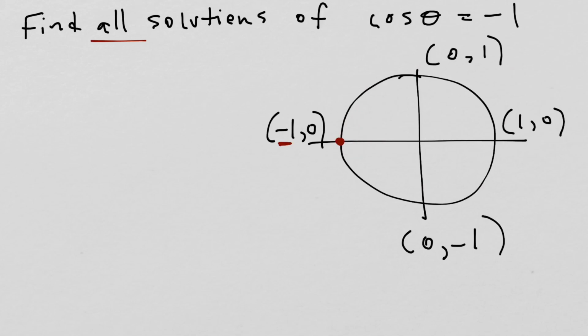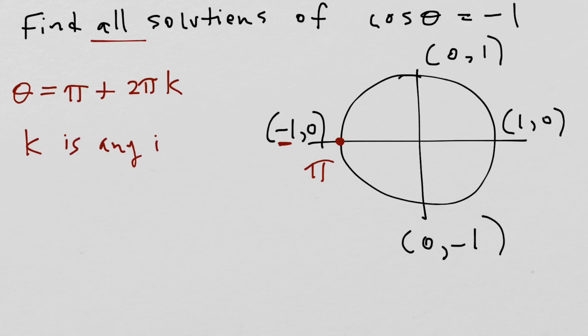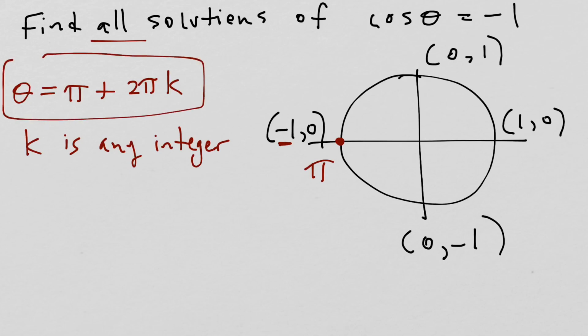So let's write that as theta is equal to my base angle, which would be pi, plus multiples of 2 pi again, where k is an integer, any integer. And that's how we would write it. All right.